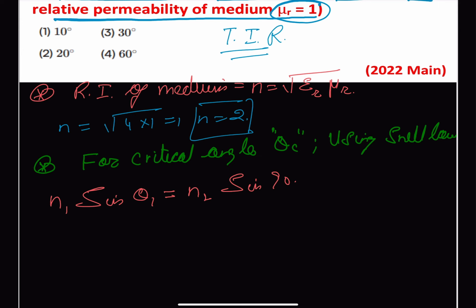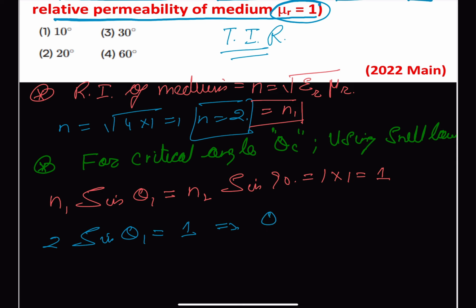And our n2 is air, so it is 1 multiplied by 1, which equals 1, and here n1 is nothing but the refractive index of the medium. Therefore 2 sine of theta 1 will be equal to 1, which gives theta 1 equal to sine inverse of 1 by 2, and this comes as 30 degrees.